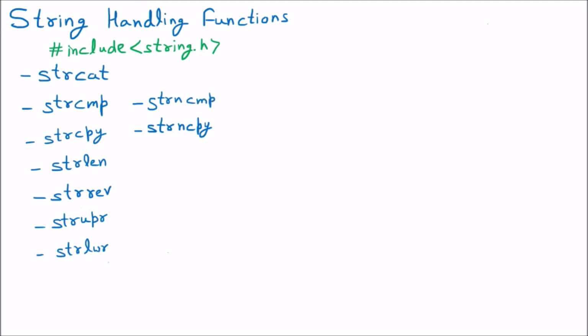As the name signifies, it is going to compare the n leftmost characters of string 1 and string 2. That means from string 1 and string 2 it is going to compare only the first n characters.